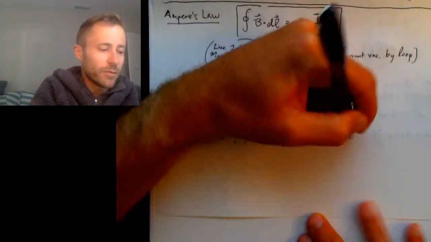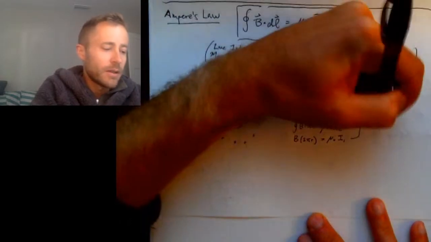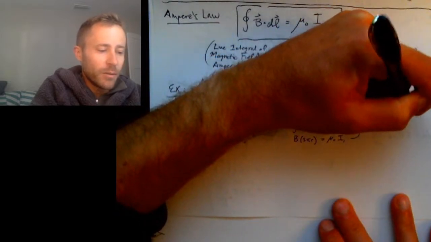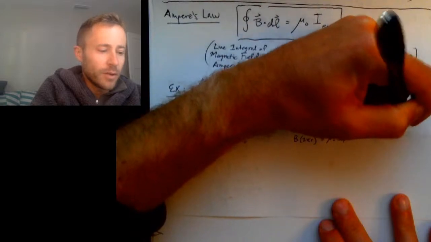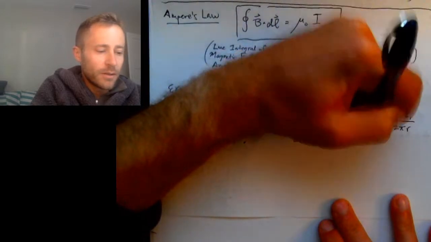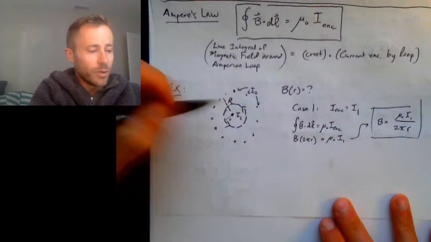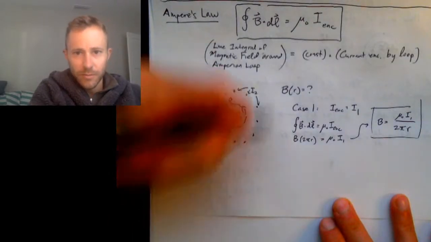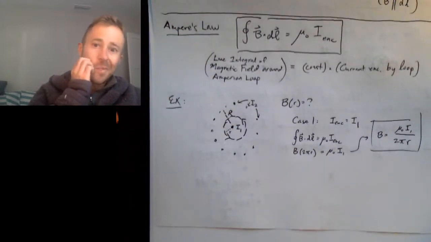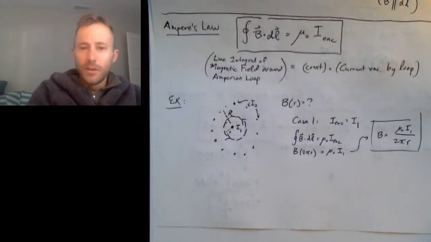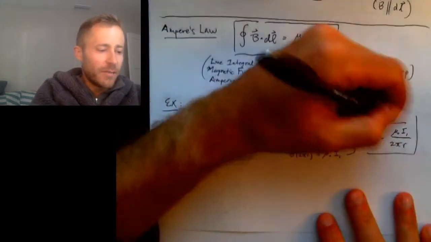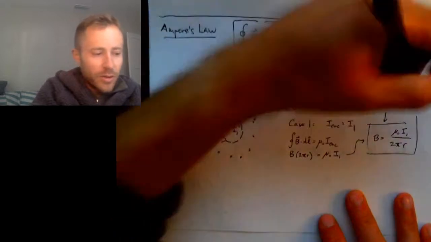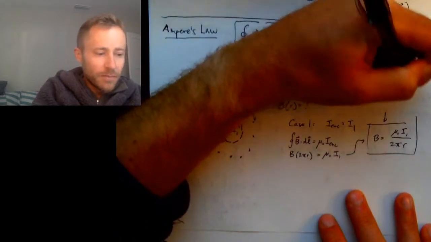And then we can solve for the magnetic field. So we would get B equals mu naught I1 over 2 pi r. That's in region 1, which would be in between the center and this ring of current that's around it. Notice how this is the same as what we got with the Biot-Savart law.